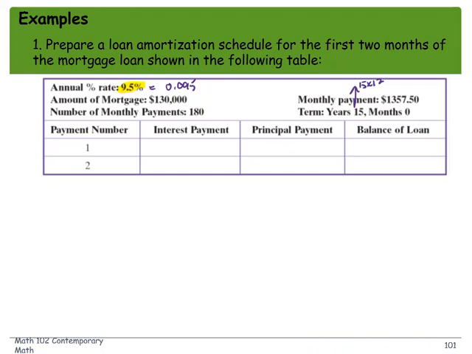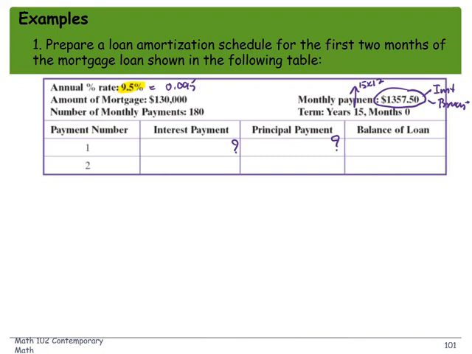To complete the table, we're going to find out, for the monthly payment, the portion for the interest and the other portion for the principal. Now we're going to compute for the first payment how much will go to the interest and how much of the payment will go to the principal.